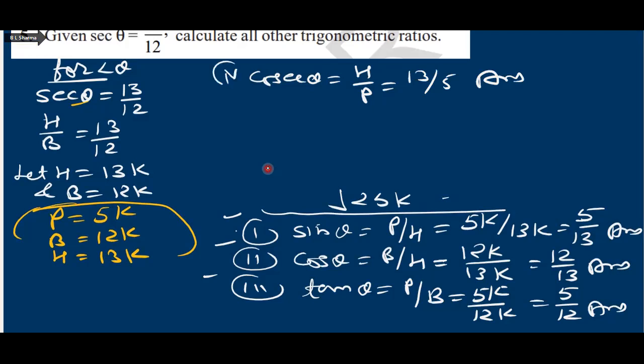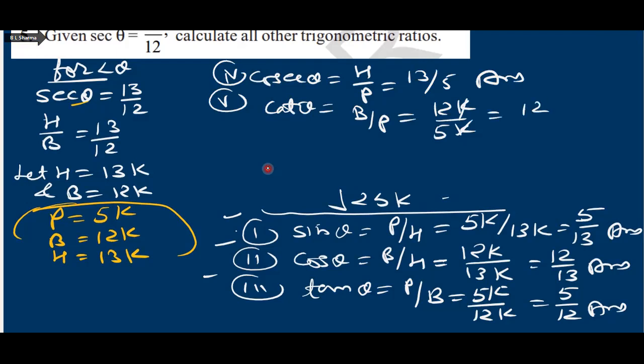This is fourth. And fifth is, you can write cot theta. Cot theta is reciprocal of tan, or you can write base upon perpendicular, that is 12K upon 5K, K and K cancel, that is 12/5, answer.